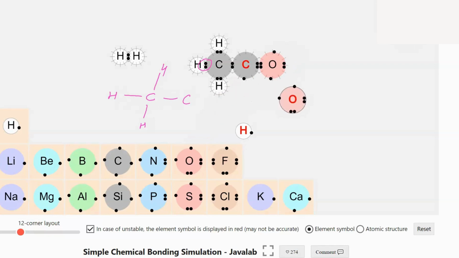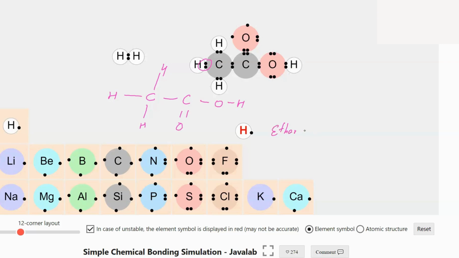CH3COOH. This is an acid, ethanoic acid, acetic acid, basically vinegar.